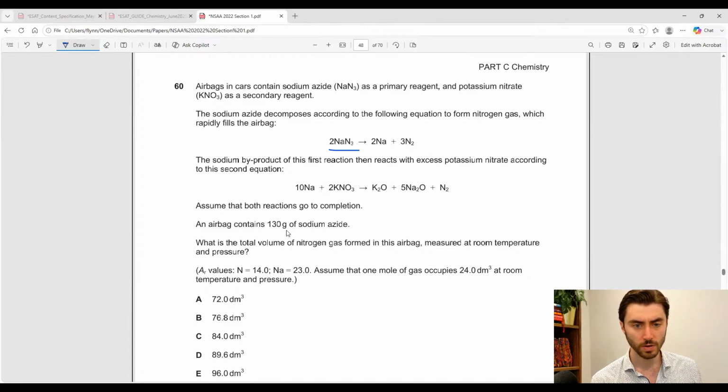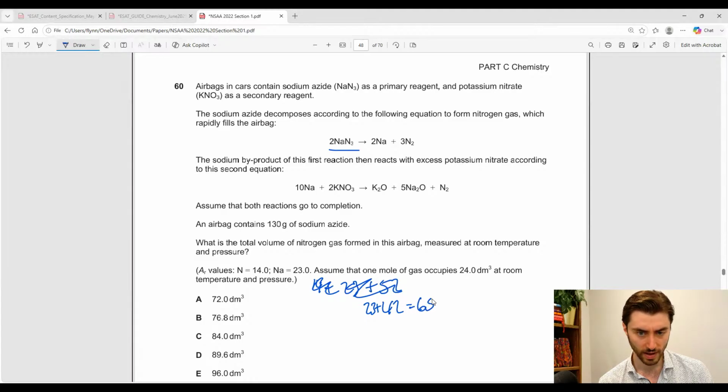Okay, so 23 plus 3 lots of that is 54. Nope, it's 40. Okay, 3 times that is 42. Add the 23. Focus, 65. That's 2 moles.